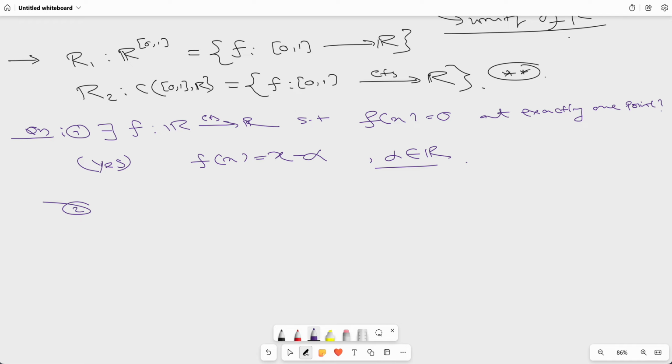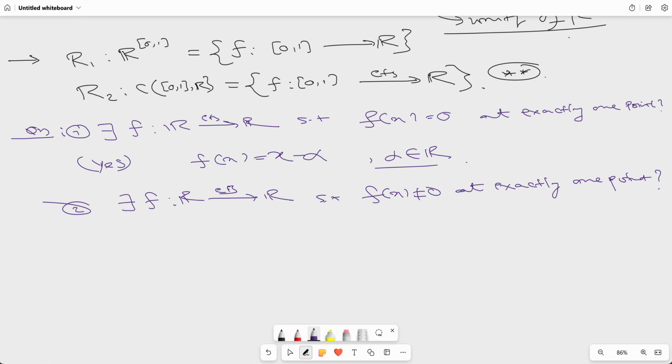So that was question number 1. Question number 2: does there exist a function f from R to R which is continuous such that f(x) is non-zero at exactly one point? You can verify that there does not exist any such continuous function, where the rest of the points are 0.